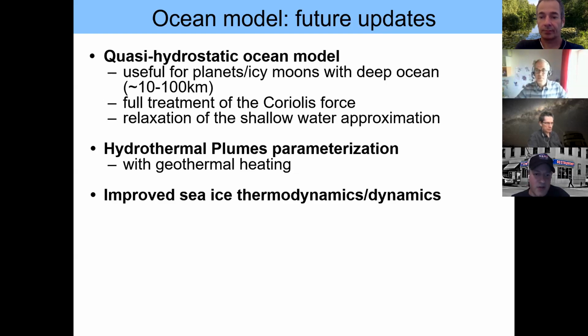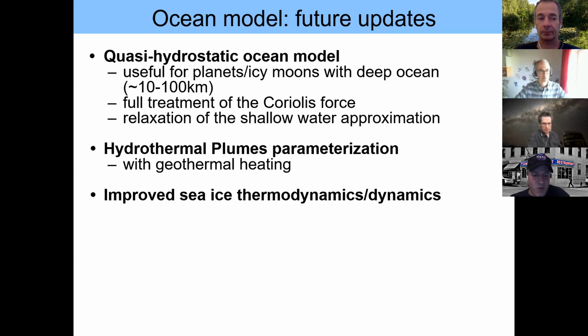Imagine that you have some tidal heating or geothermal sources at the bottom of your ocean. I think it's not in Planet 1, but in Planet 2, we can now specify a map of geothermal heating in the form of a netCDF file at the bottom of your ocean.